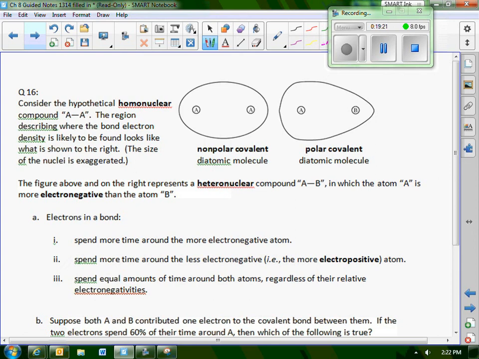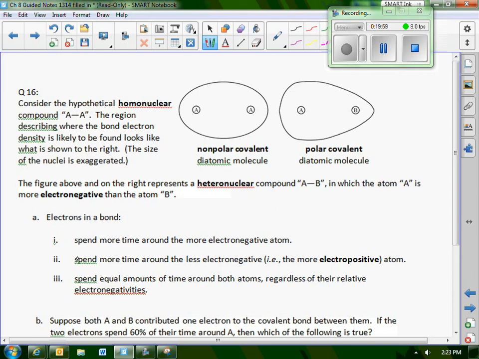Nonpolar covalent molecules of a diatomic molecule look like this or like this. Figure 1, the figure above on the right, represents a heteronuclear compound, AB, polar covalent, in which atom A is more electronegative than atom B. Electrons in a bond: do they spend more time around the more electronegative atom, more time around the less electronegative atom, or equal amounts of time with both, regardless of the relative electronegativities?